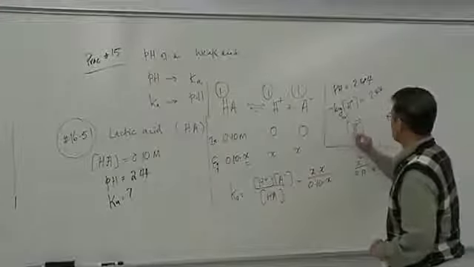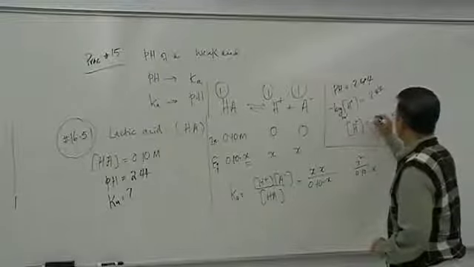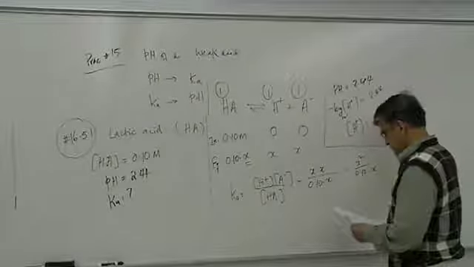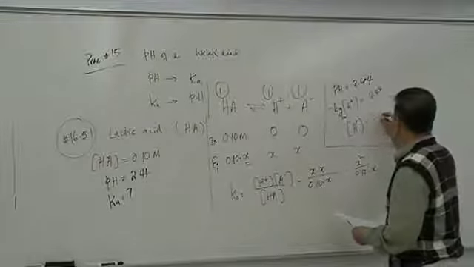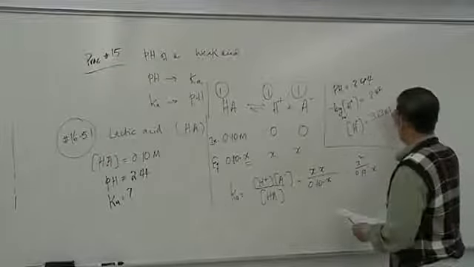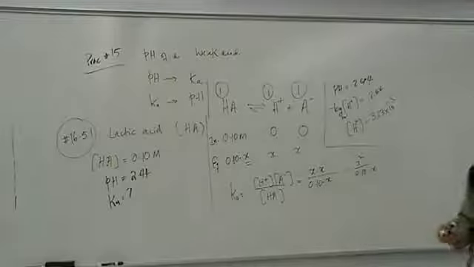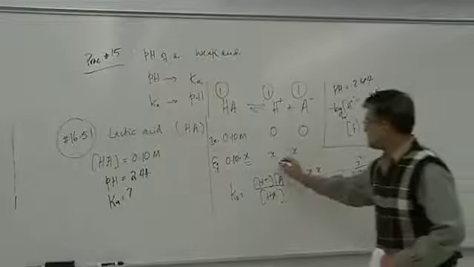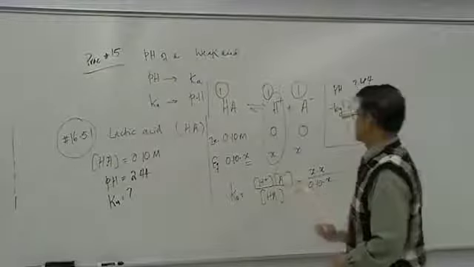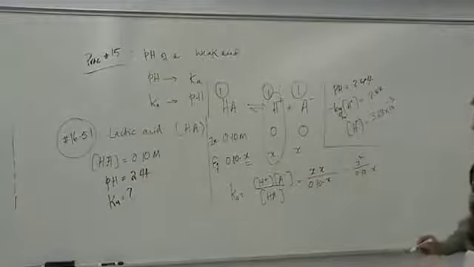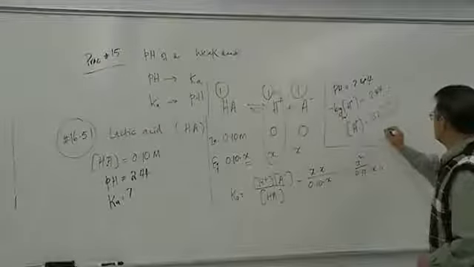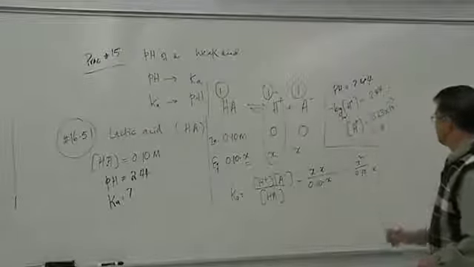After doing inverse log of this, it'd be 3.63 times 10 to the negative 3. That's H plus concentration. Keep in mind, H plus concentration is our X in this problem. So we already know that this is the X value.